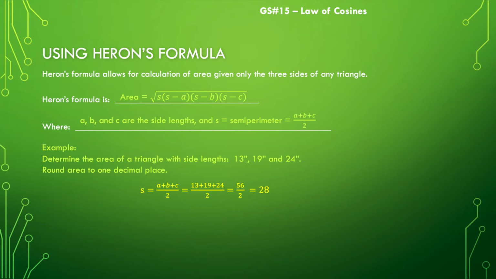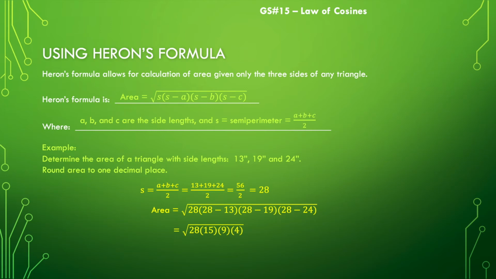Now we can substitute our 28 in for every instance of s, and our a, b, and c side lengths in the corresponding places. So our area is going to equal the square root of 28 times (28 minus 13) times (28 minus 19) times (28 minus 24). Let's simplify what's in each of those sets of parentheses.